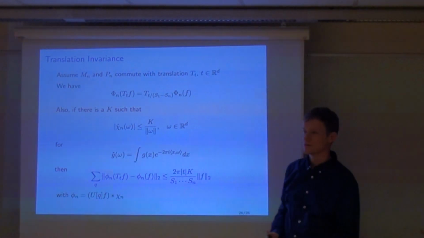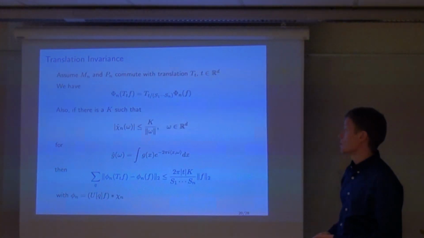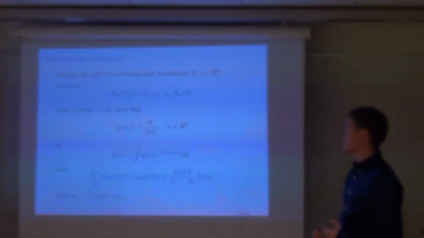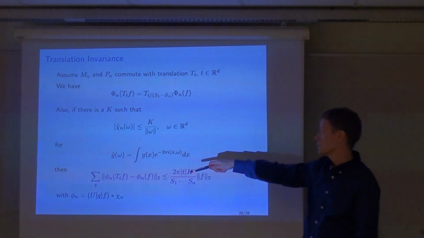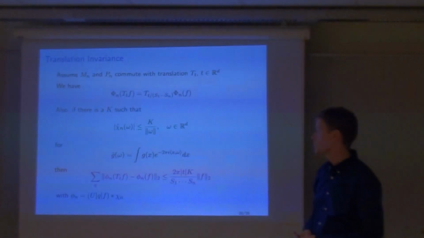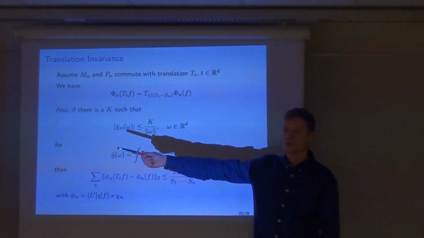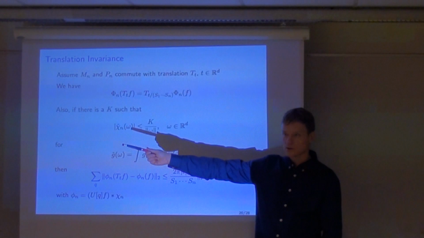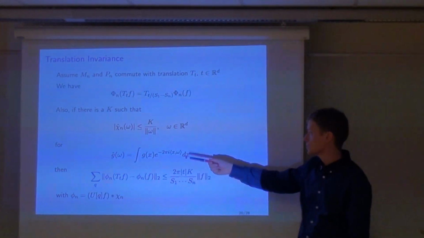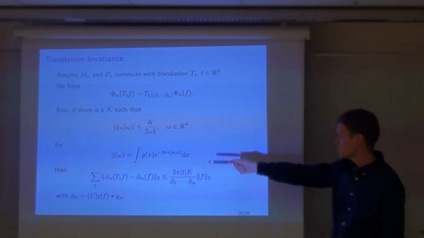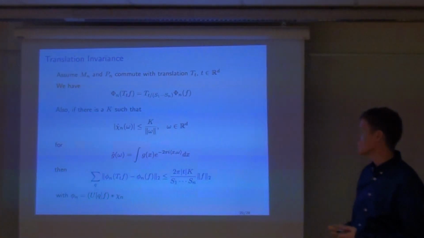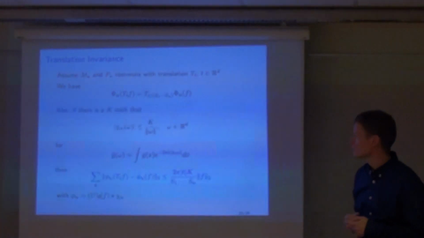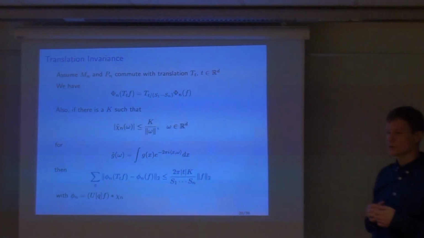That's one result. And then there is a condition that comes from the Fourier transform of these feature generating filters. We don't need to worry about that, but if it's fulfilled, then you also have this translation invariance result.